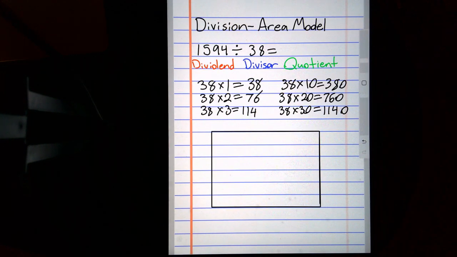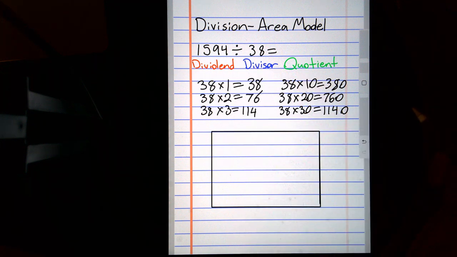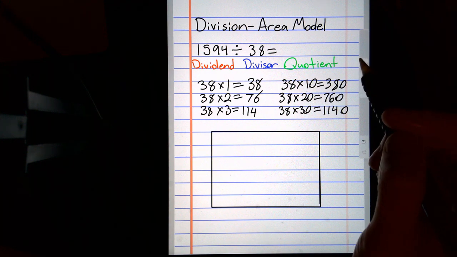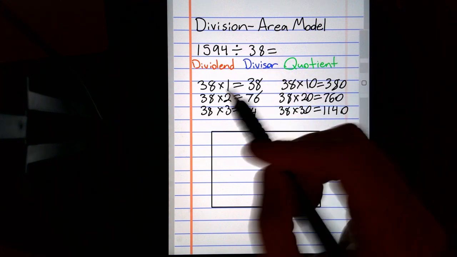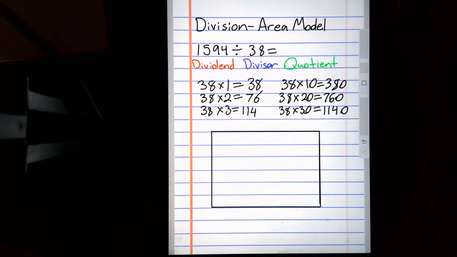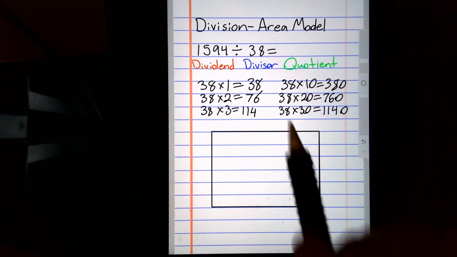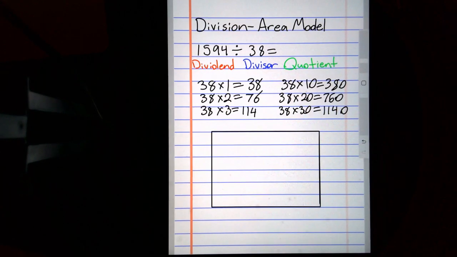So in multiplication, it's good to know the different parts of the problem, but because factors in multiplication are interchangeable, it's not as important as in division, where these have to be in the order that they are for it to work.